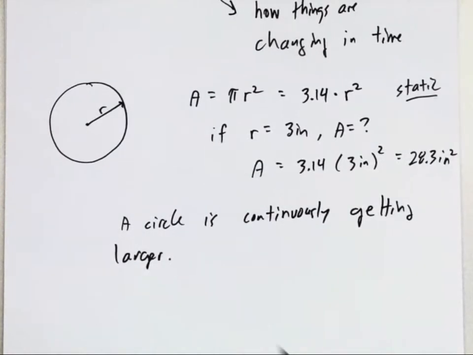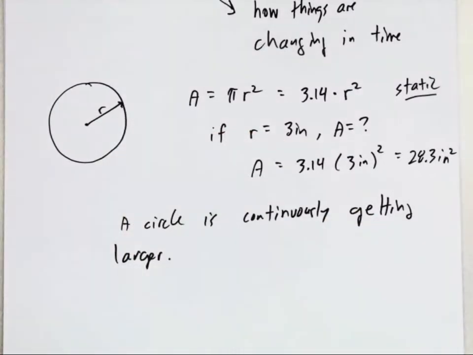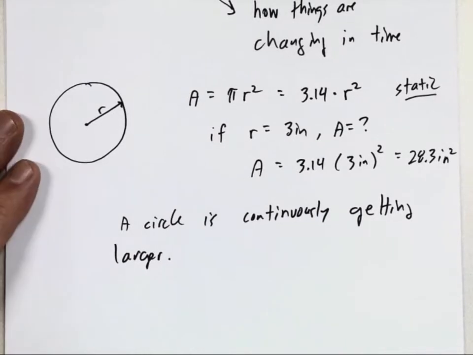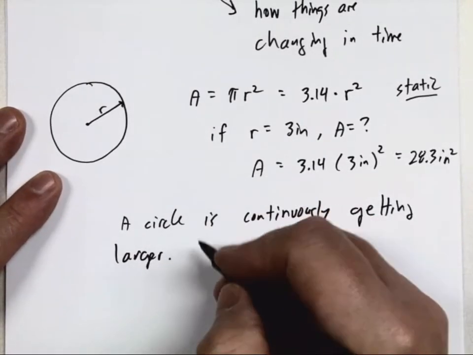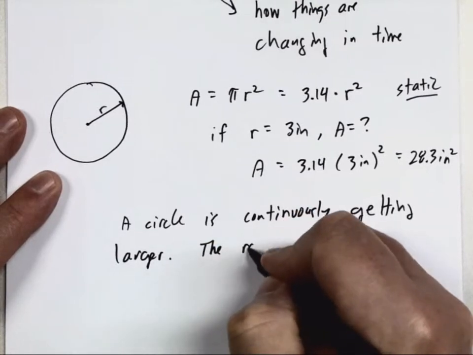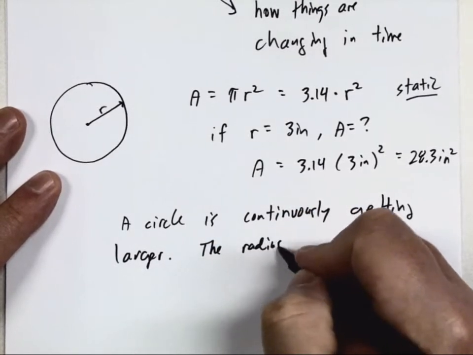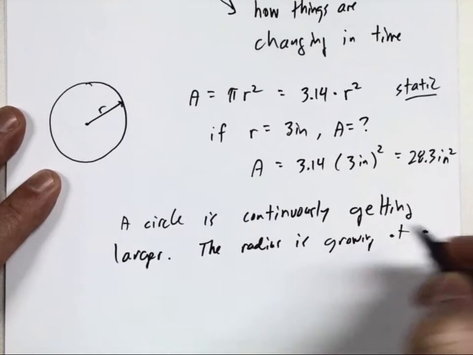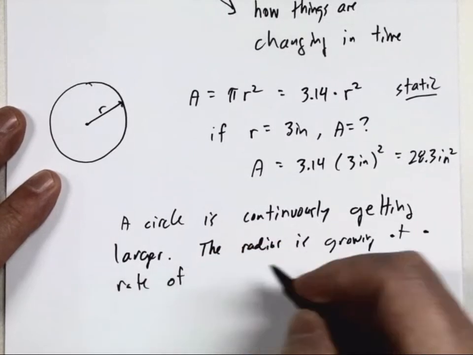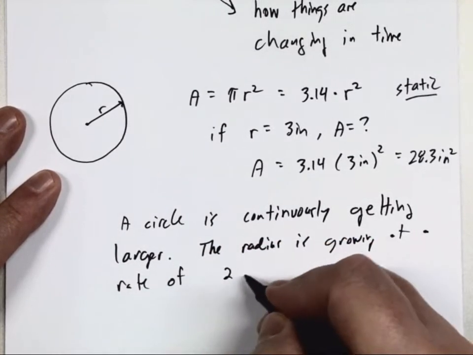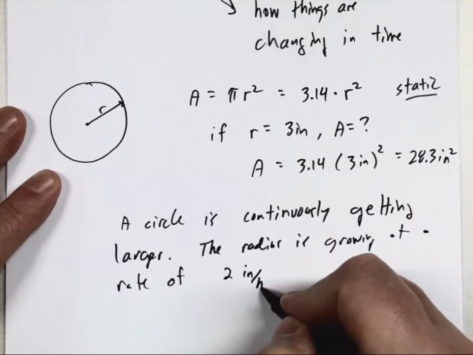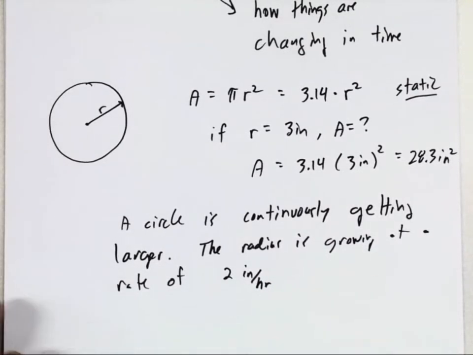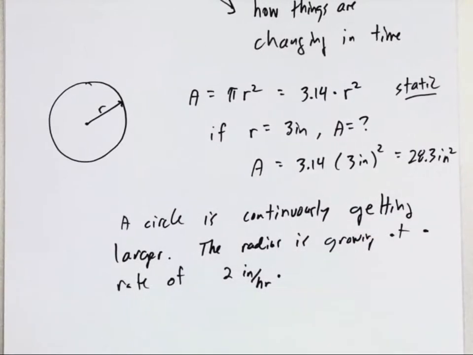And the way it's getting larger is this radius keeps growing. The radius is growing at a rate of 2 inches per hour. So that means if you wait an hour, the radius will have gotten 2 inches larger.